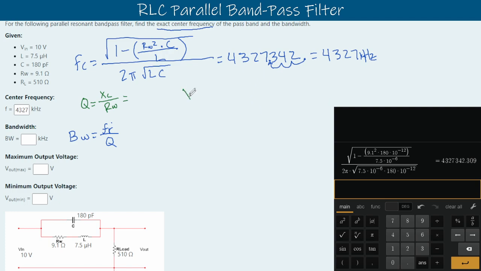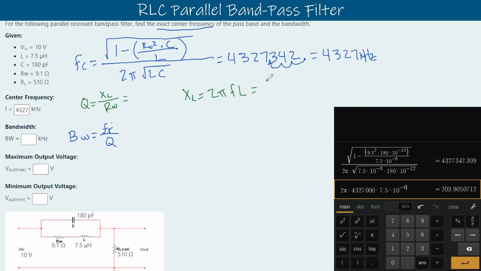So let's go XL is equal to 2 pi, our frequency that we just found, and our inductor value. And so we can find that first, and we'll say that 2 pi times our frequency, which is quite large, 4327000, and that's our full value for that. And then we'll multiply that by our inductor value of 7.5 times 10 to the negative 6.